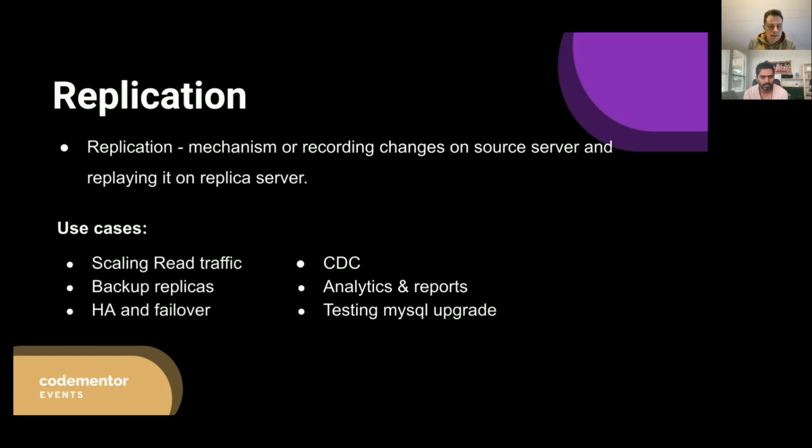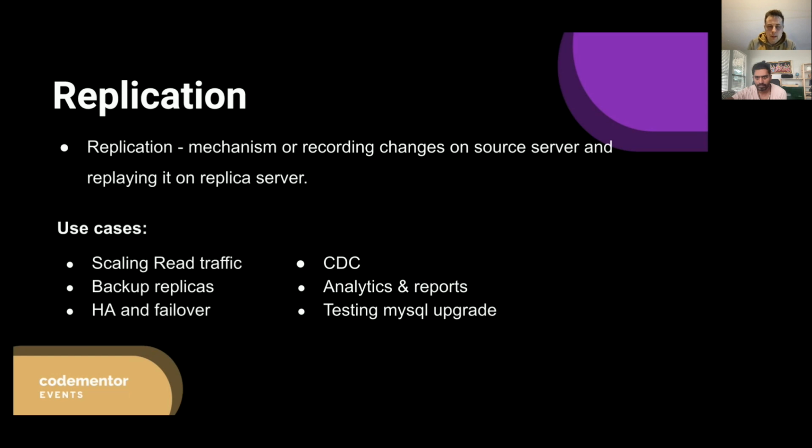First one is scaling read traffic. When you have one master server, you are limited by performance of this server, and basically you cannot grow infinitely. You will be limited by the biggest computer, biggest server you can buy. So not all issues can be solved by such approach.